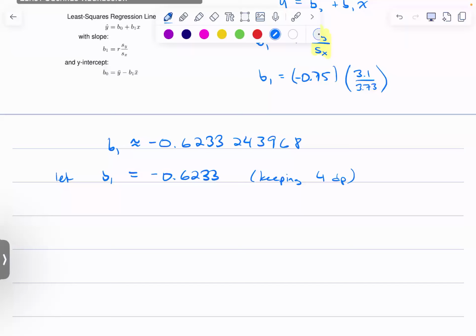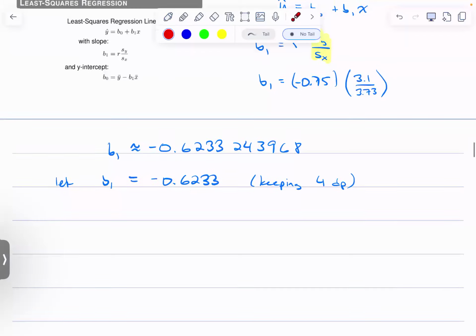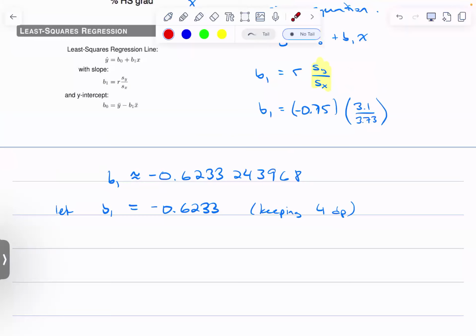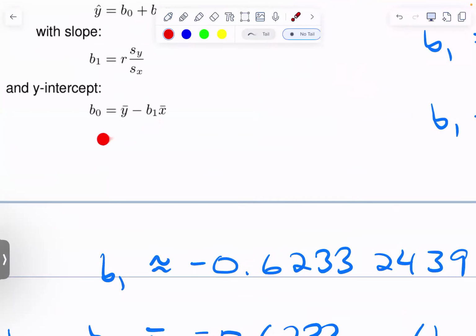But here I have a very small value, so lots of decimal places makes more sense. So from here on out, I'm going to use this rounded value of the slope, which is fine, right? Why is that a concern? That's going to give me an imprecise estimate for the y-intercept. But that's okay because we're just doing it by hand. Obviously, software doesn't round any values, right?